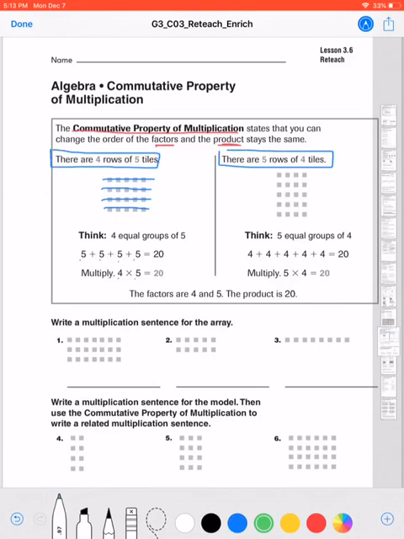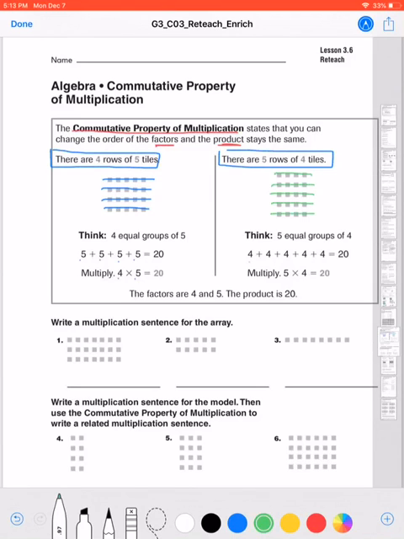Now let's look at it over here. There are 5 rows of 4 tiles. So you're going to think 5 equal groups of 4. So for this one, we're going to count by 4s. So we've got 4, 8, 12, 16, 20.